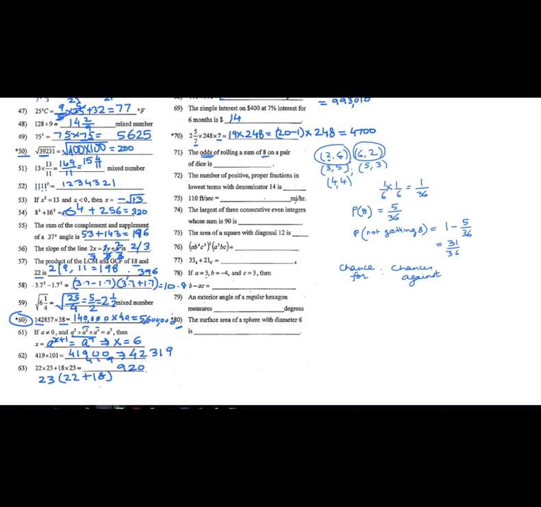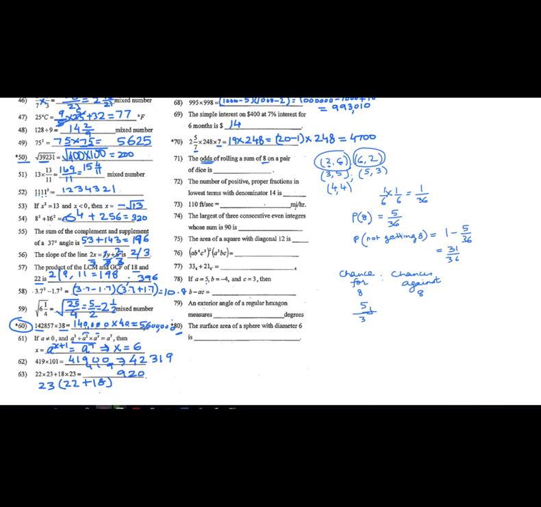We have the probability of getting 8 as 5 over 36. And then chances against getting 8, that means probability of not getting 8 is 31 over 36. So those are the odds of rolling a sum of 8 on a pair of dice.